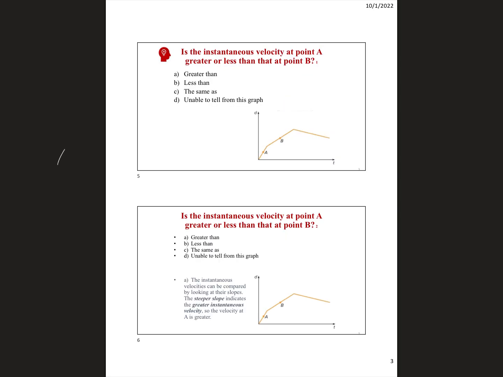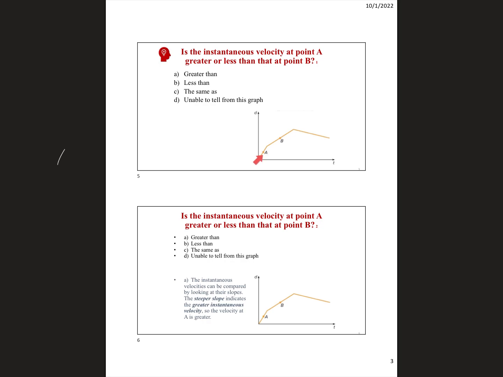Let's do another question. Is the instantaneous velocity at point A greater than at point B? We see that this is a graph of x versus t. And we saw in class that the velocity is related to the slope of the curve.